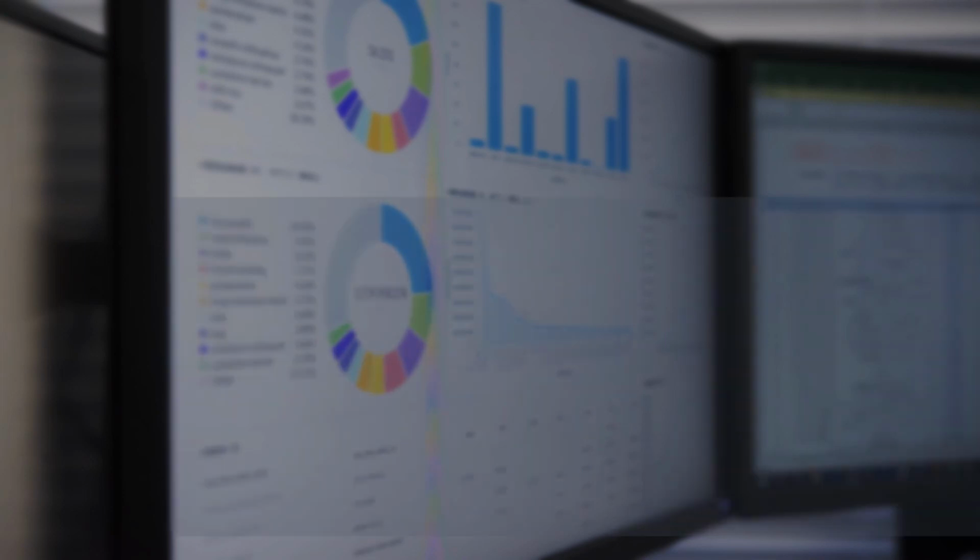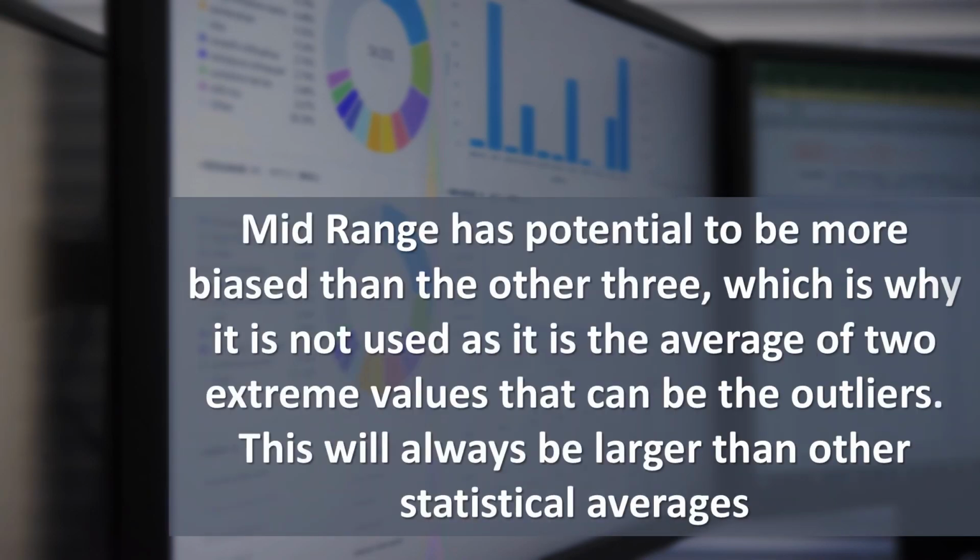Mid-range has the potential to be more biased in nature than the other three, which are mean, median, and mode, as it is the average of 2 extreme values that can be outliers. We will understand the concept of outliers in the coming sessions, in due course of time.